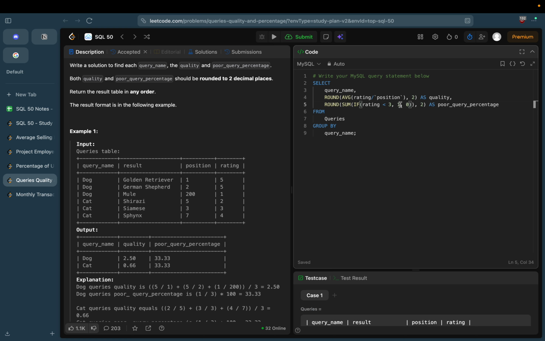So if it is true, we are summing up a 1, otherwise we are not summing it up. That's our if condition. And we multiply this numerator by 100 for a percentage. Then we divide it by the total number of rows. So that can be given to us by the aggregator function count star.